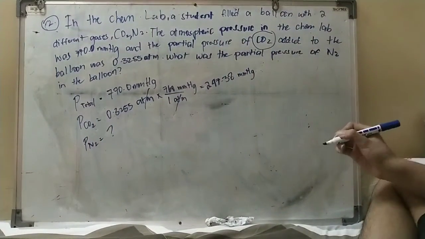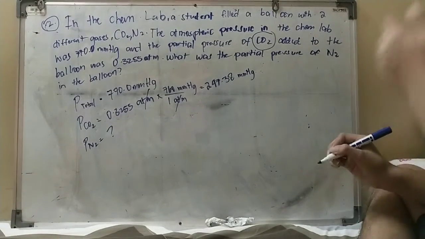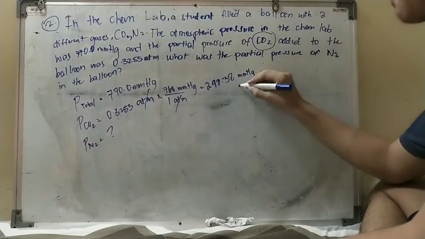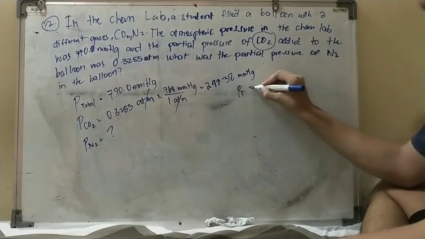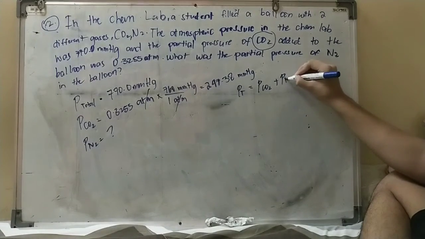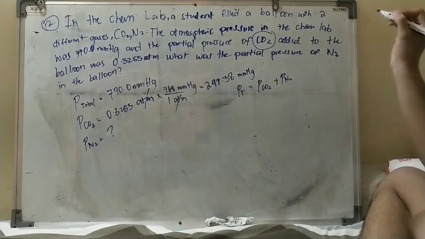So instead of getting the total pressure, we need to get a partial pressure. So what we do in this equation is to just derive the formula. So P total is equal to PCO2 plus PN2. But what we're looking for is PN2.